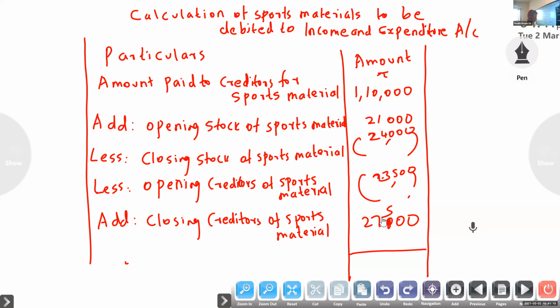So final answer, that will be sports material to be debited to income and expenditure account. So final answer, 4,06,000? No, sir.